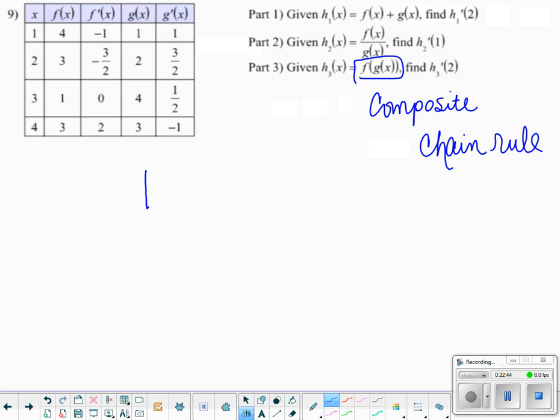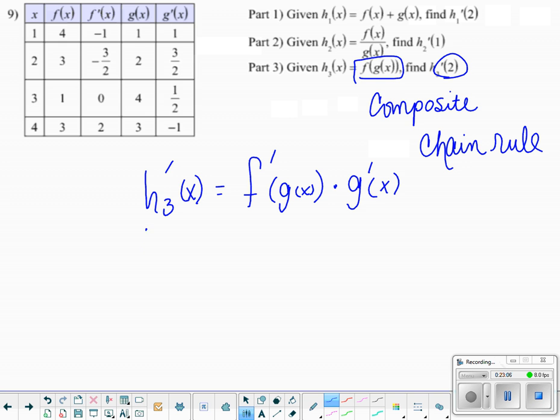So, h sub 3 of x, the derivative, will be derivative of the outer, leave the inside, chain off, which is multiplication, g prime of x. All this is happening at 2, so h sub 3 prime of 2 will be an f prime of g of 2 times a g prime of 2.